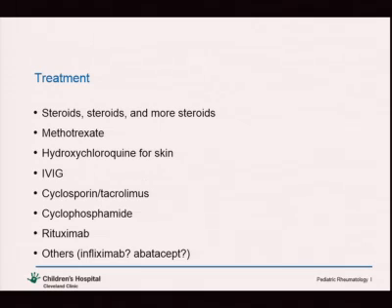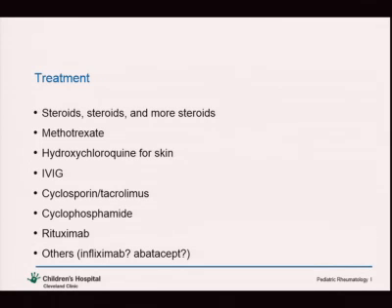The treatment has its own angle. You see some of these medications that we use with other conditions: steroids, lots of steroids, but we try to limit that. Methotrexate is a mainstay, so we get that on board with almost all patients right off the bat. Hydroxychloroquine for skin disease. IVIG is used for patients with resistant skin disease, potentially muscle disease, as a way to prevent using a lot of steroids.